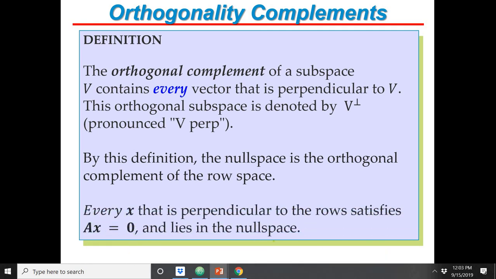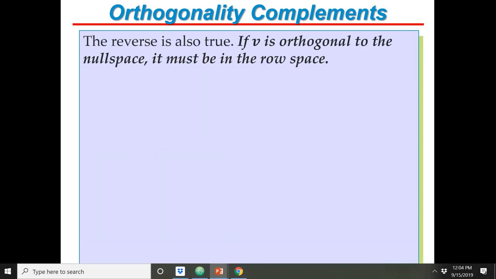So if you take every x that is perpendicular to the rows, remember how you multiply A times x, every element that's perpendicular to the rows has to satisfy this equation. So it's in the null space. And actually, you can do the reverse and say, if you look for every vector that is orthogonal to the null space, that vector has to be in the row space.